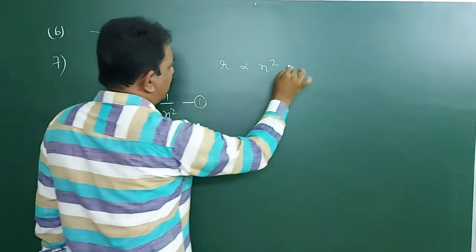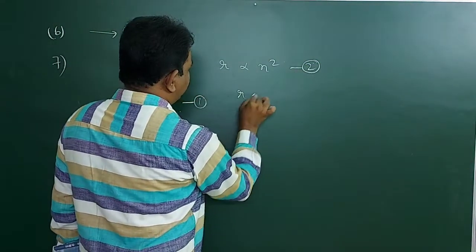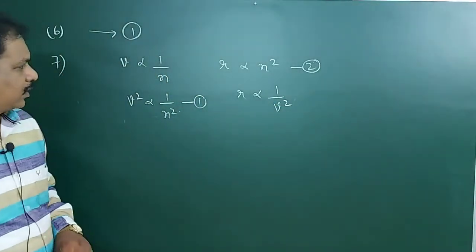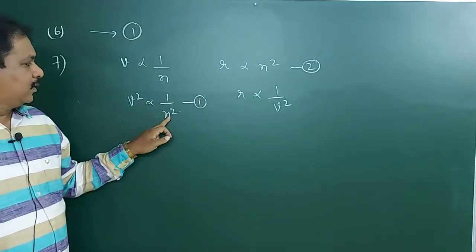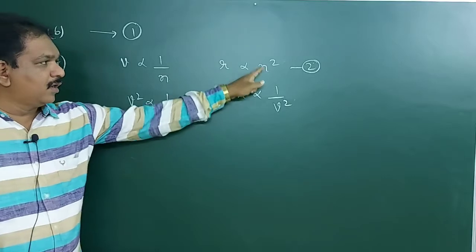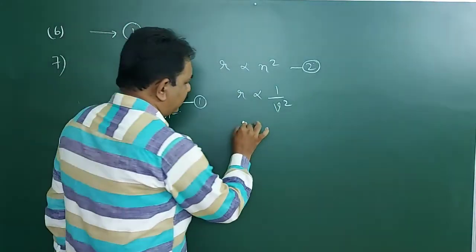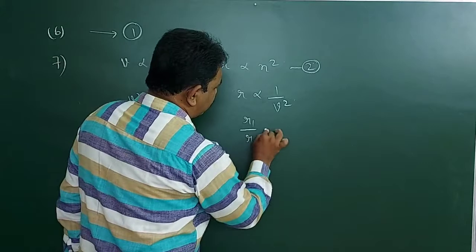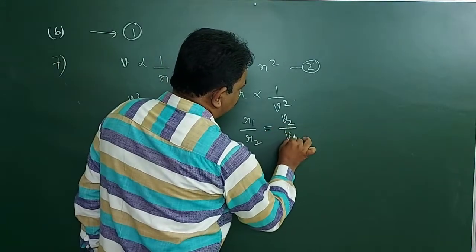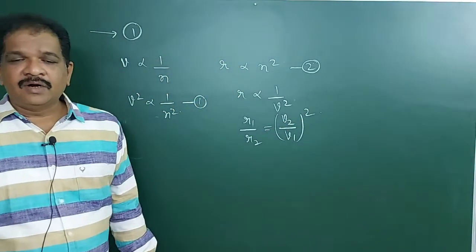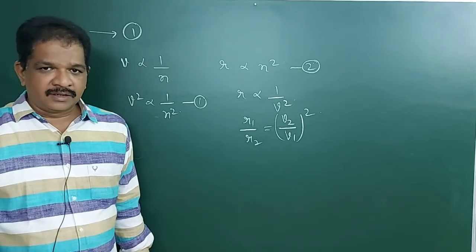You substitute this value here. r proportional to 1 by v square. Because n square is proportional to 1 by v square, we will get r proportional to 1 by v square. r1 by r2 is equal to v2 by v1 whole square. Velocity becomes 1/3.